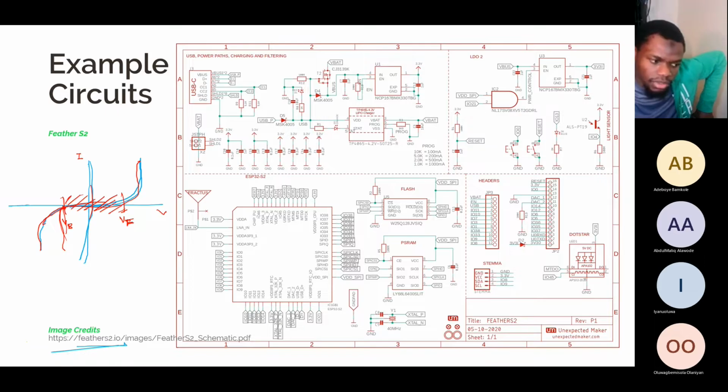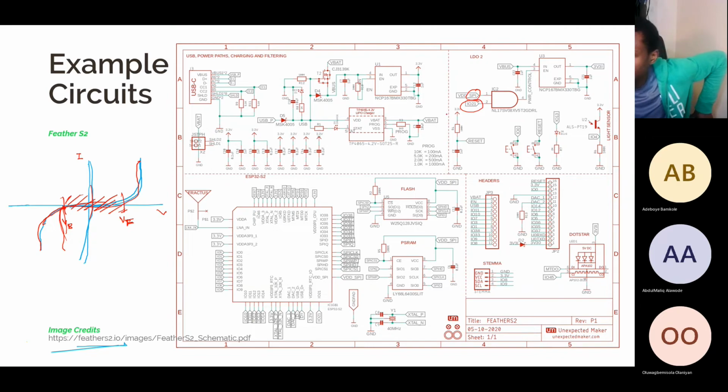So also, we talked about the SPI communication protocol earlier, right? If you look at this, you can start to see those things come into play. You can see SPI here. I think this is I2C or something, I'm not sure what that is. If you look here too, you can see SPI here. This is the SPI communication protocol. I don't know if there's I2C somewhere here.